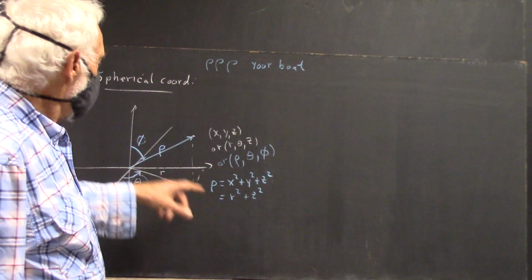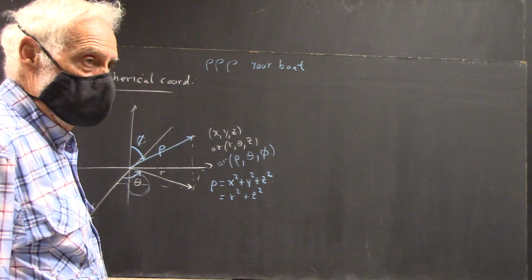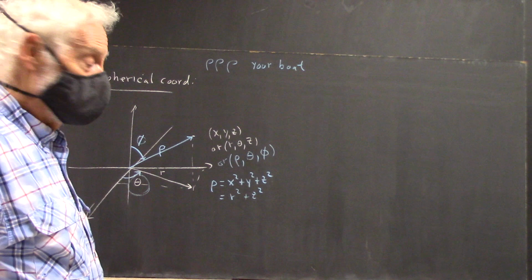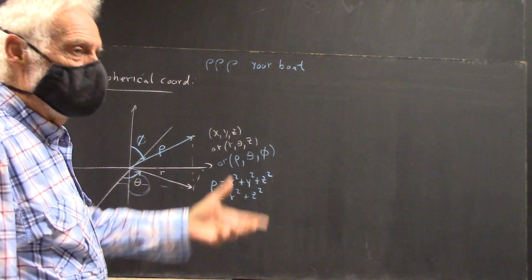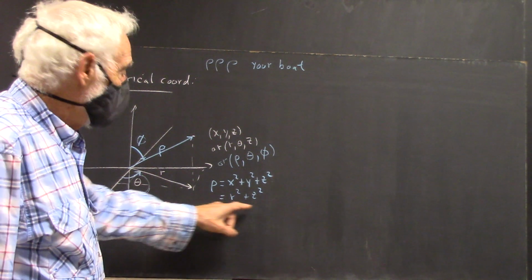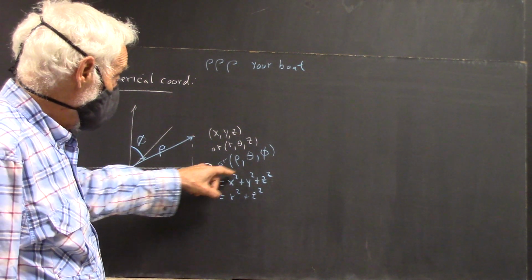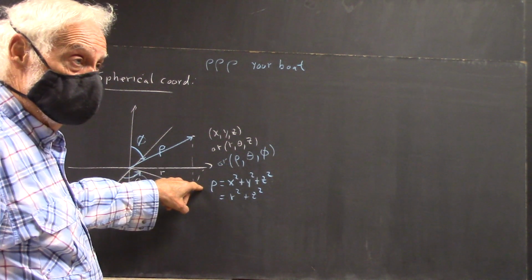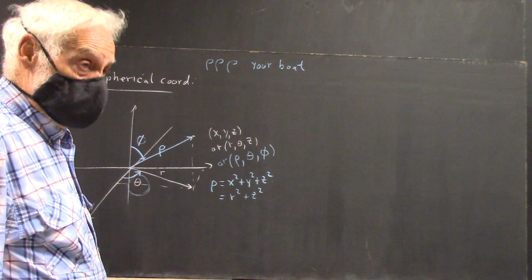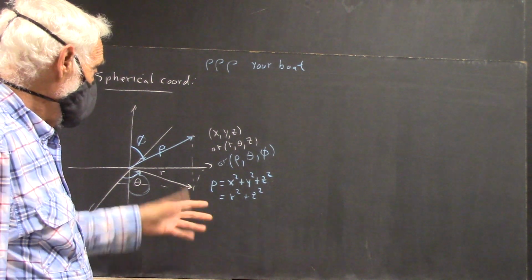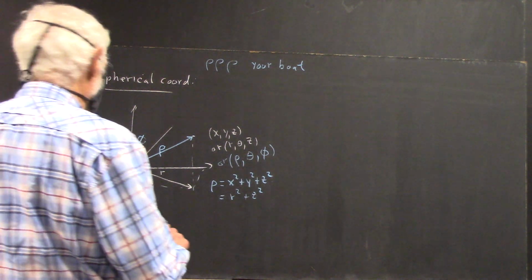Well, if you have the point in cylindrical coordinates, this is how you find rho. If you know the point in rectangular coordinates, this is how you find rho. If you have an equation in spherical coordinates, then, well, I haven't written down what you need to use yet, so we'll save that.